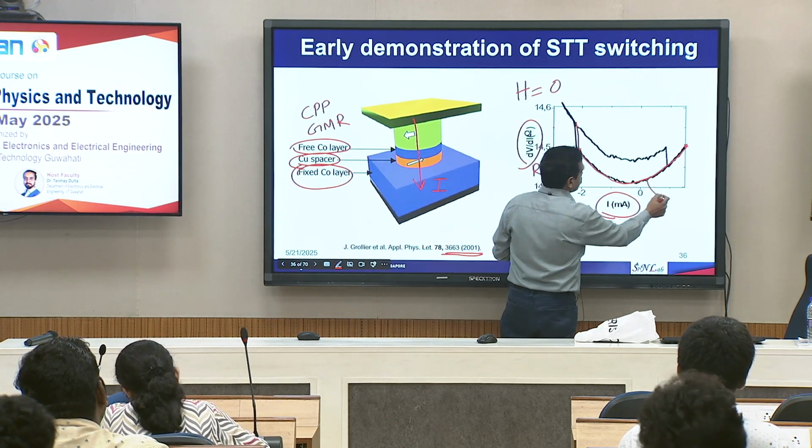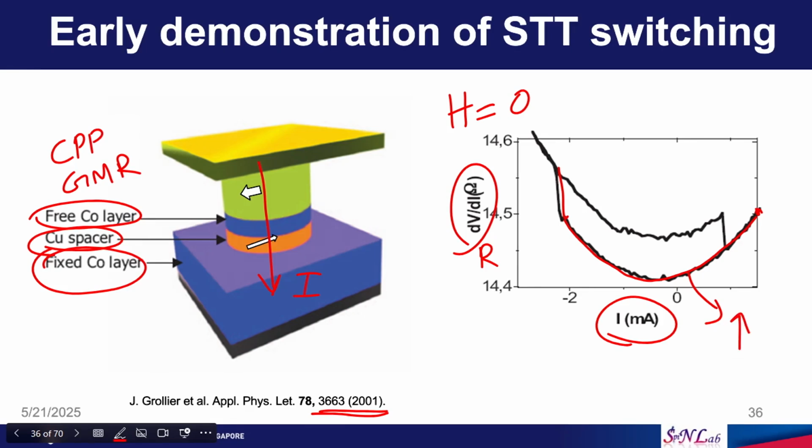So, you have low resistance when the magnetizations are parallel, right. You have high resistance when the magnetizations are anti-parallel. Okay, so, they noticed that at a certain value of current, this device switches from parallel to anti-parallel. So, now you have high resistance, because now they are in the anti-parallel state.